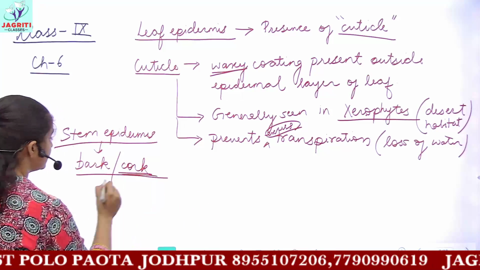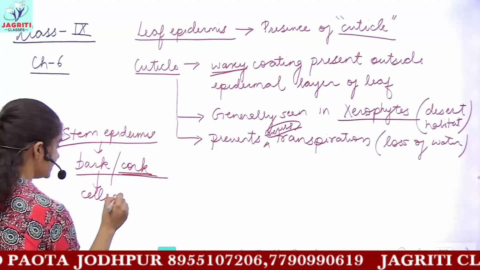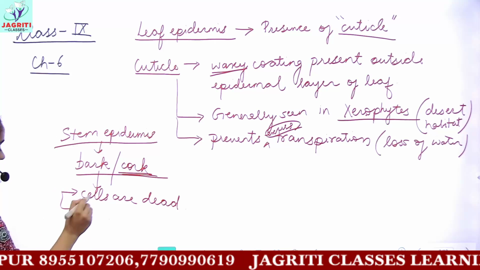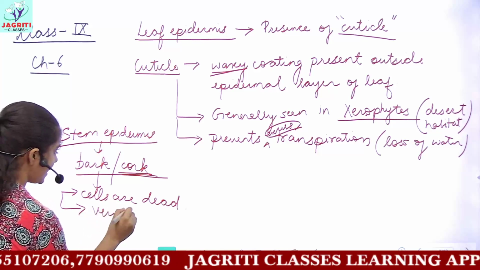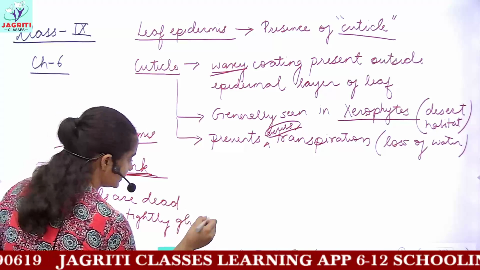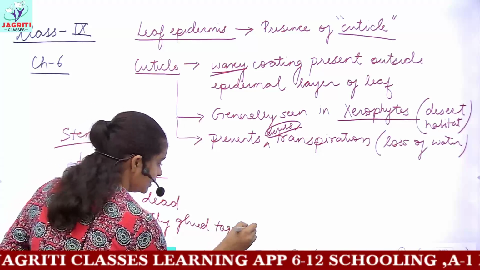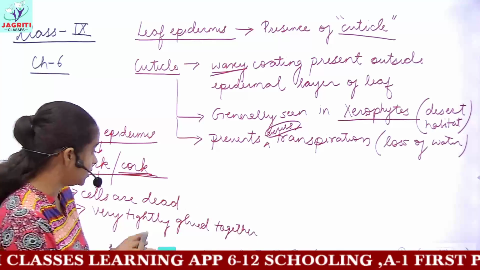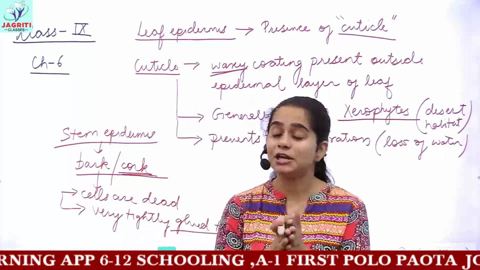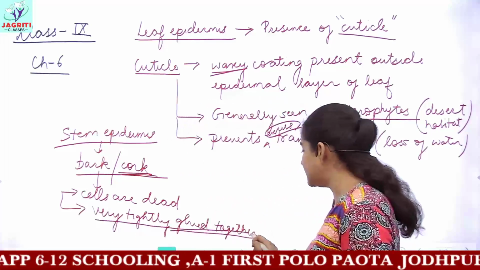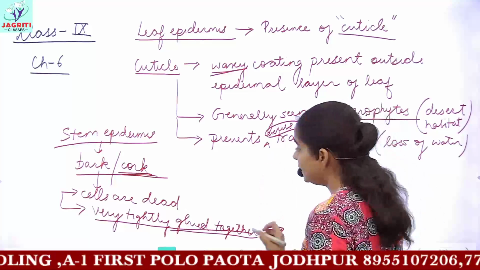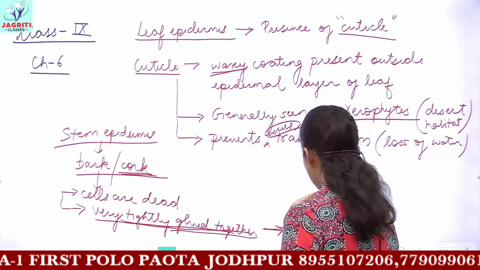Now this cork, the cells of cork, the cells are dead. Then these are very tightly packed together, or you can say the cells are tightly glued together. That is, they have much more forces of attraction, and the chemical which glues them together is called, not lignin, here the chemical which glues them together is called suberin.